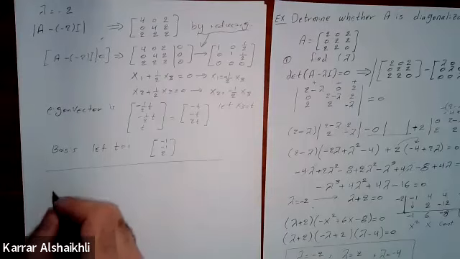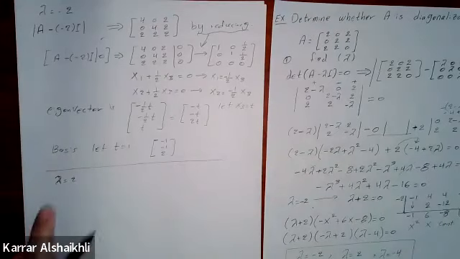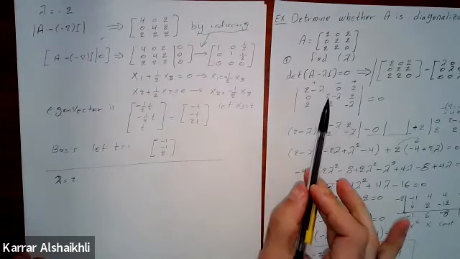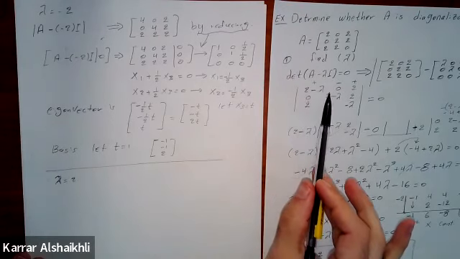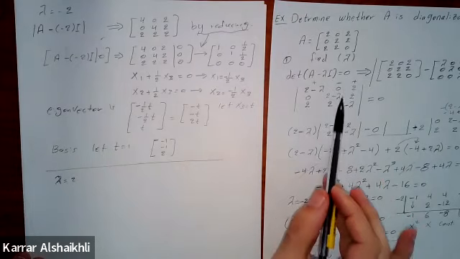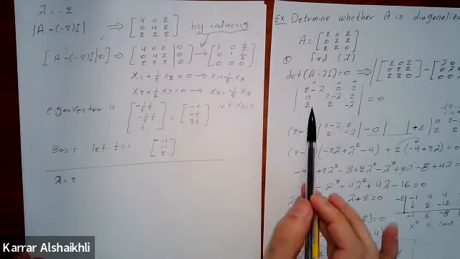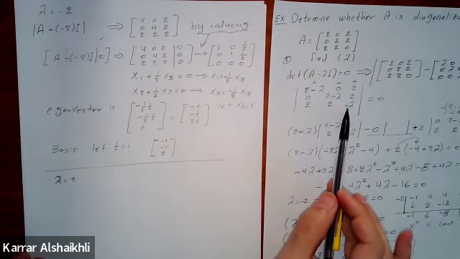So again, when lambda equal 2, I'm going to plug in 2 here. 2 minus 2 is going to be 0, 0, and 2. 0, here's 2 minus 2 also is going to be 0, and here's 2, 2, 2, and negative 2, okay?